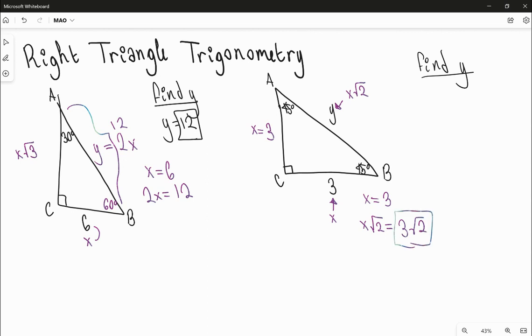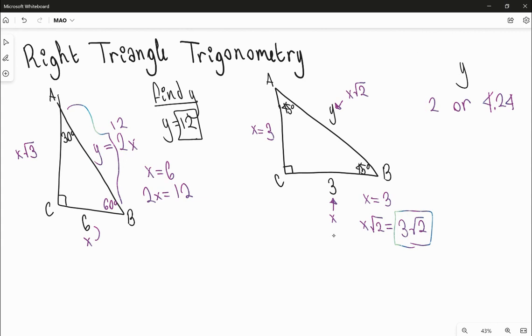So this is your answer, but you can also multiply that out. So our answer is 3 square root of 2, or 4.24 if you multiplied that out. So that's your answer there.